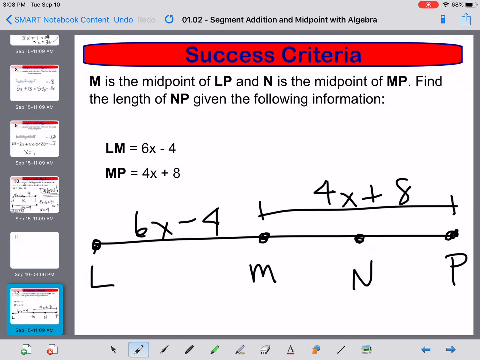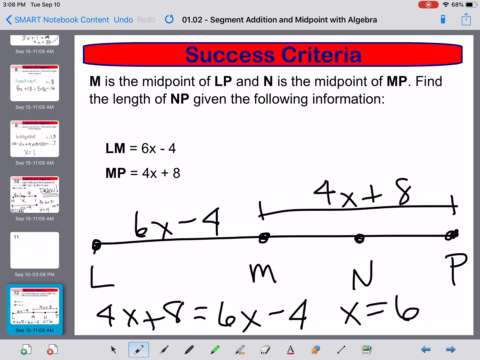Which means, because I know those are the same, I can set them equal. So that means it's 4x plus 8 equals 6x minus 4. If I solve that all the way, I end up at, what, x equals 12? X equals 6. So x equals 6.